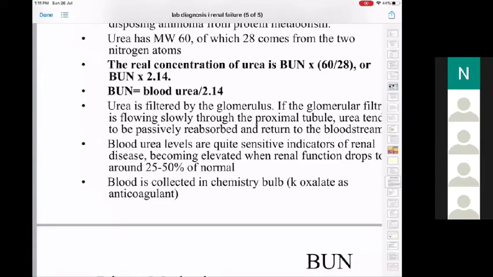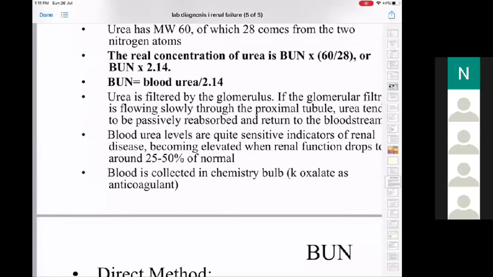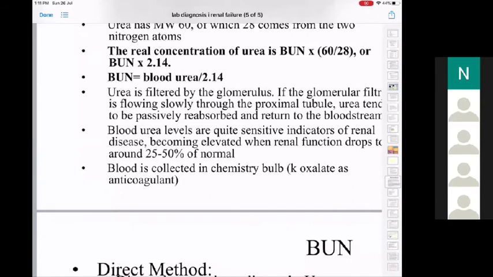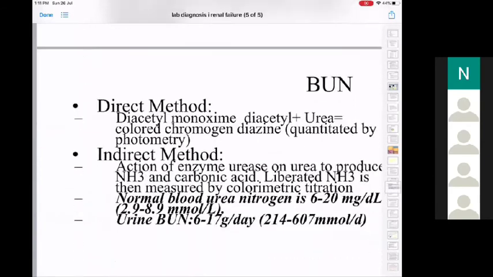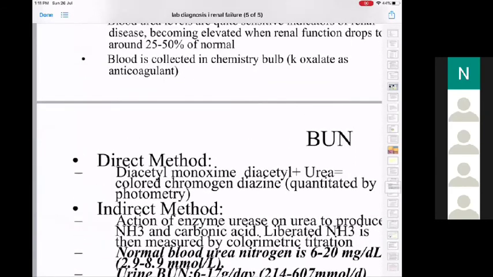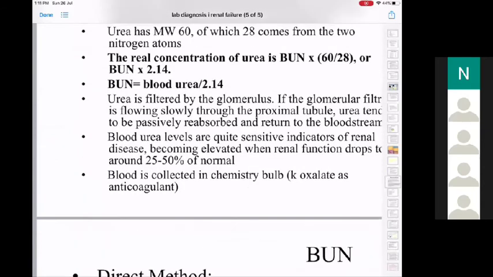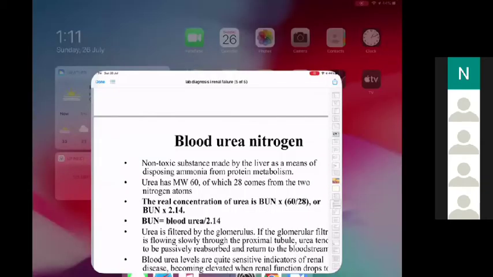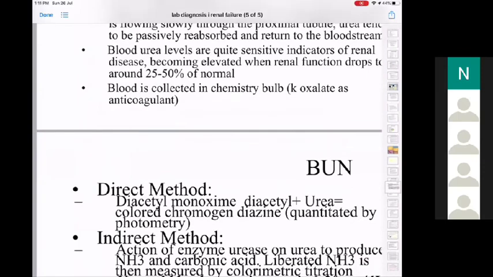Okay, so in renal function tests, physicians mostly do two things: blood urea and serum creatinine. Blood is collected in a chemistry vial with potassium oxalate as anticoagulant for blood urea nitrogen estimation. How will we estimate it? Two methods: direct method and indirect method.